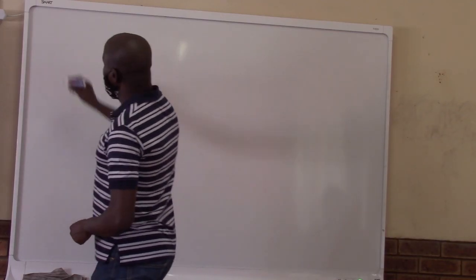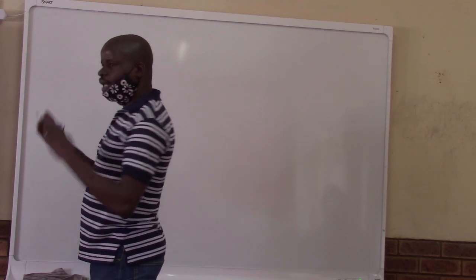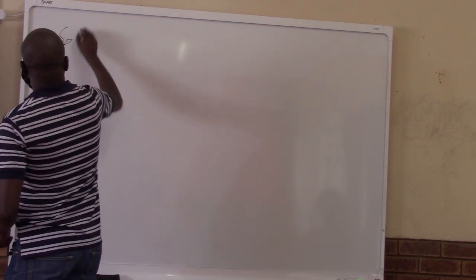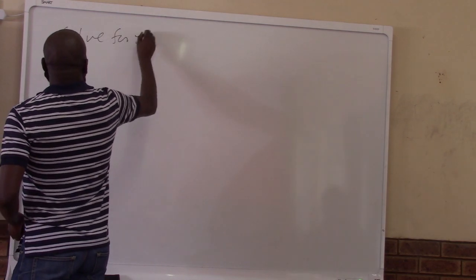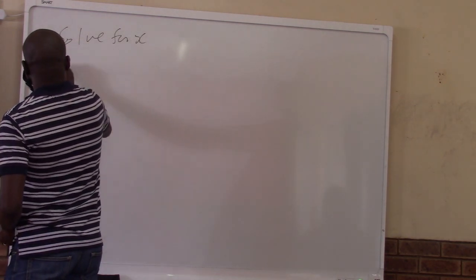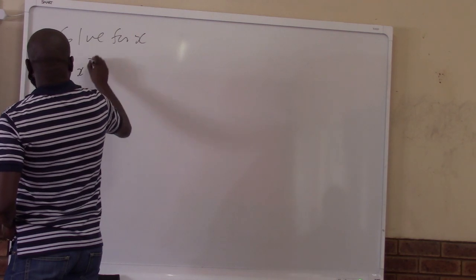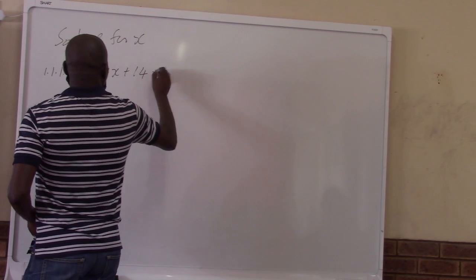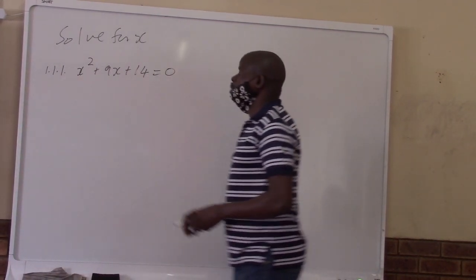Question 1 of Paper 1 is all about algebra, or general algebra. Here it is: solve for x, 1.1.1, x squared plus 9x plus 14 is equal to 0.